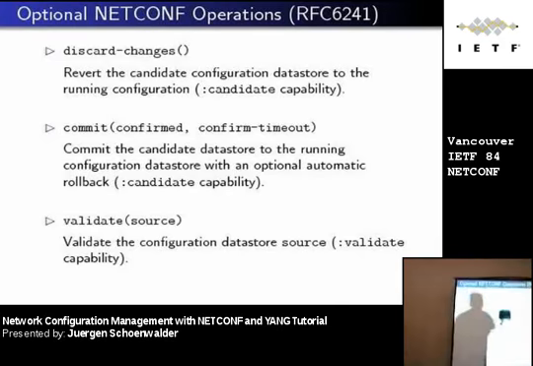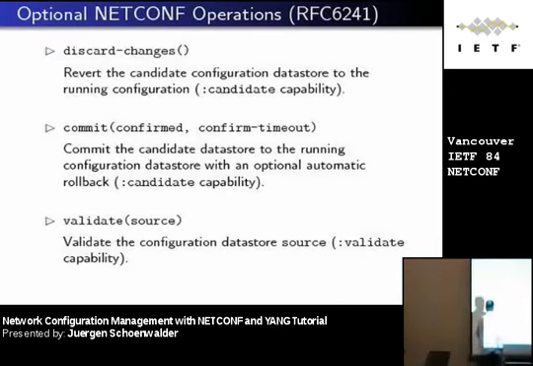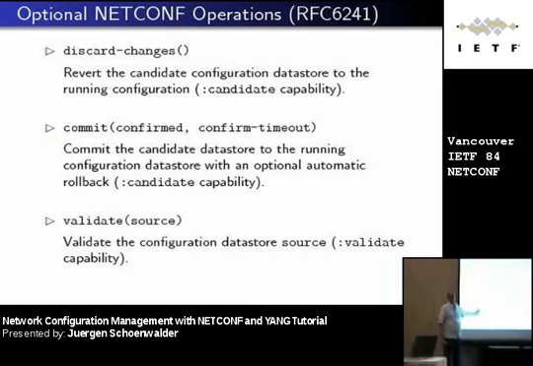Another operation that comes with the capability is a validate operation. You send your data store to be validated. That's most useful if you use the candidate data store. So you make changes to the candidate. You want to know, before you actually do a commit, is the stuff that I pushed on actually useful?